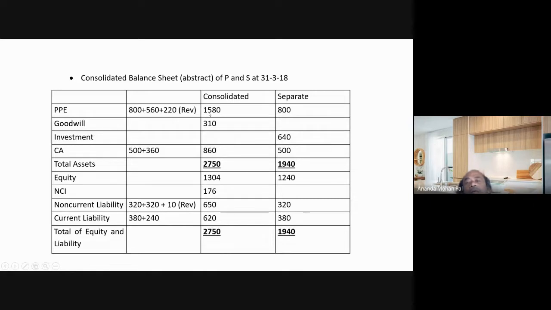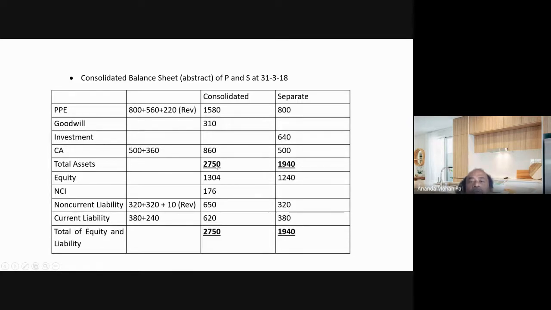We told earlier 1580 is there. Goodwill, same, 310, no change. Investment only in separate, 640. Current asset, their book values total in the consolidated, and 500 is here separate.